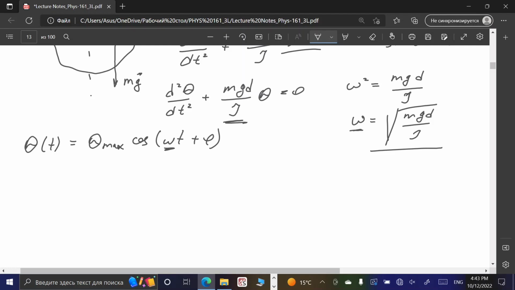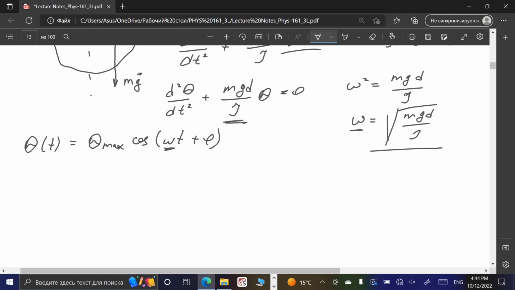However, when we have a more complicated system, when we don't put restrictions on the shape and deal with any arbitrary shaped body, it can also oscillate because of the gravitational force exerted on it.